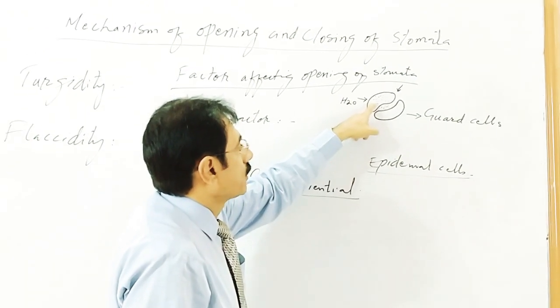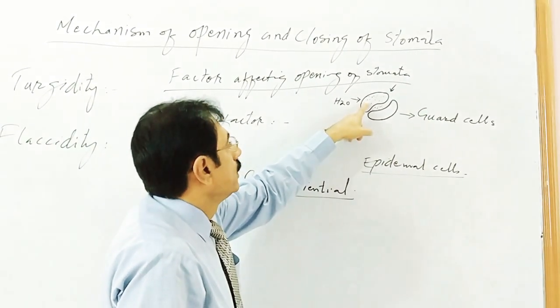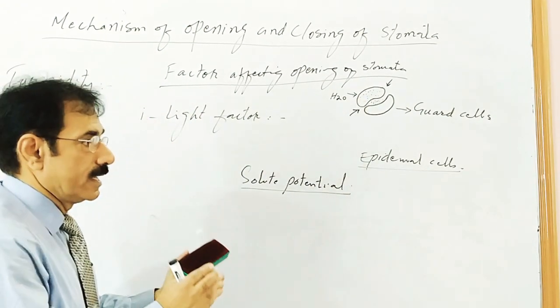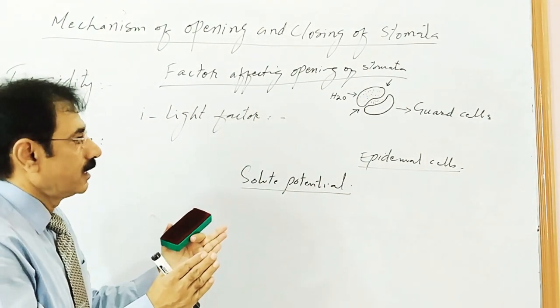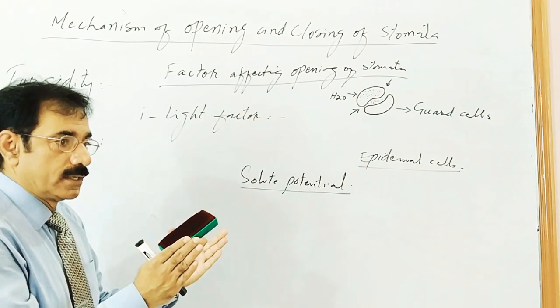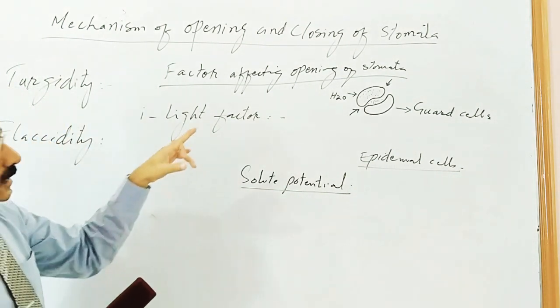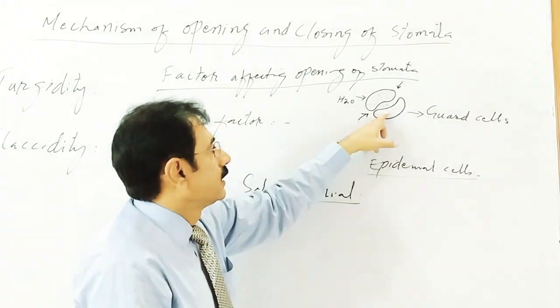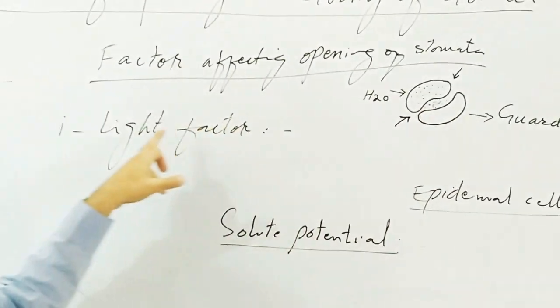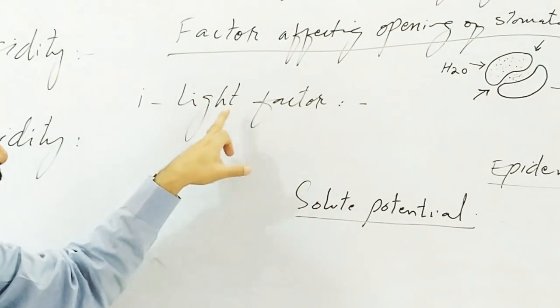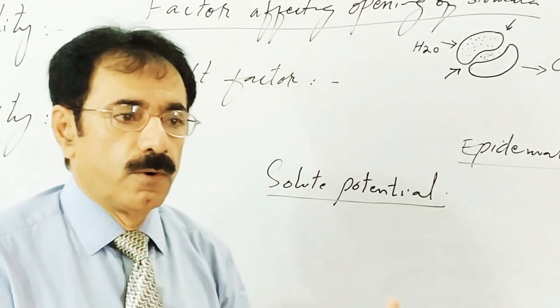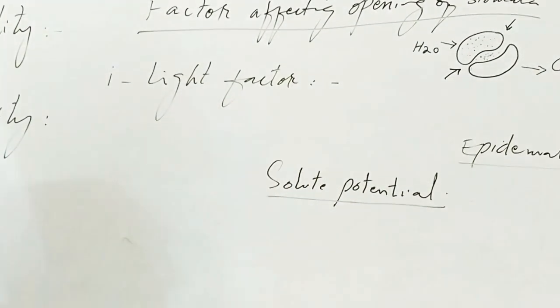As a result of absorption of water by the guard cells, the water potential increases. It results in the turgor pressure, and thus the turgidity of the guard cells results in the opening of the stomata pores. That means the light factor is involved in opening of the stomata pores.